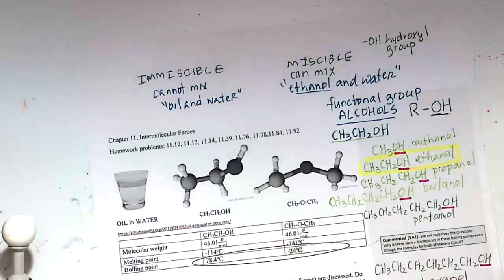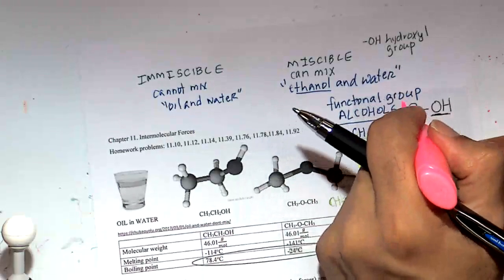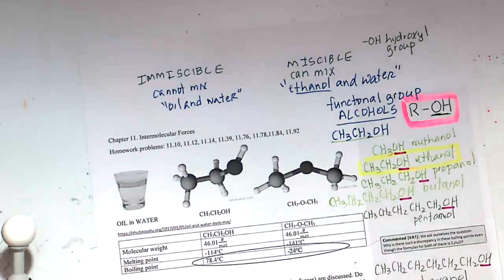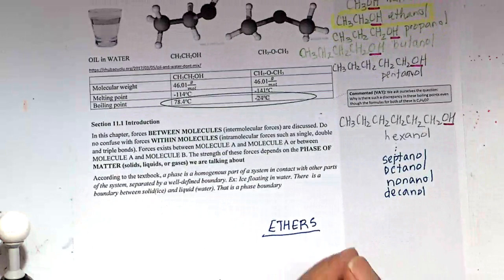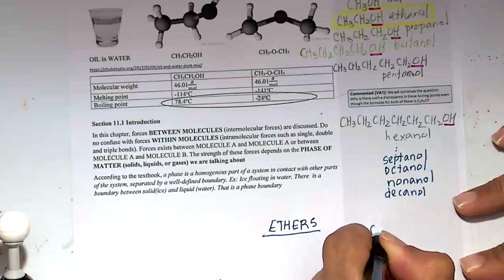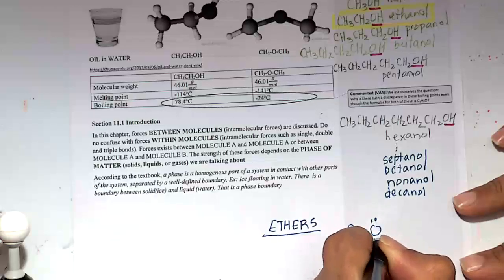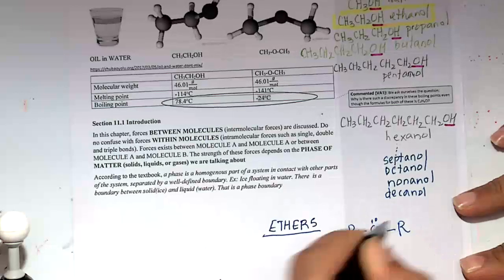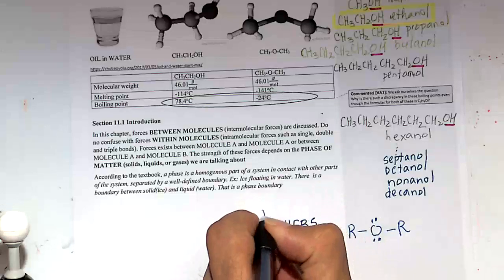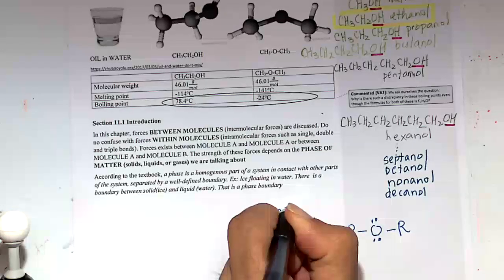While the alcohols are going to have the OH at the end, and don't worry about the R, the ethers are going to have the oxygen in the middle, ROR. This is another functional group.